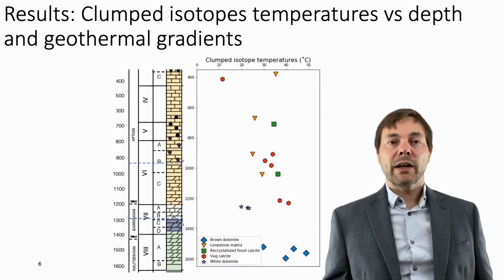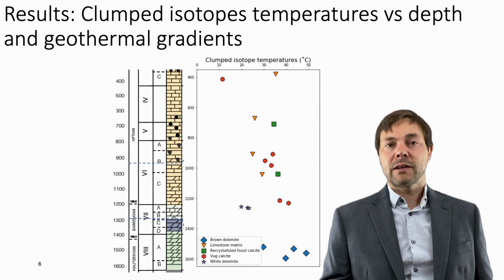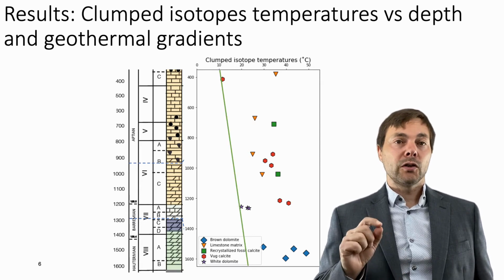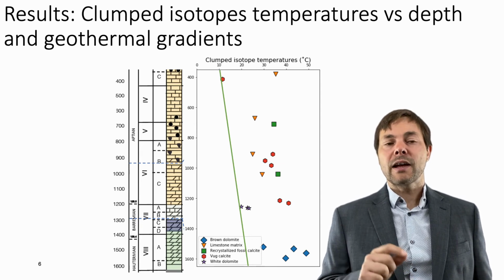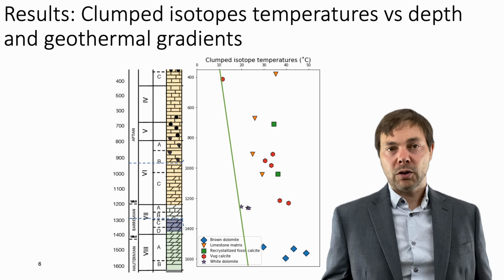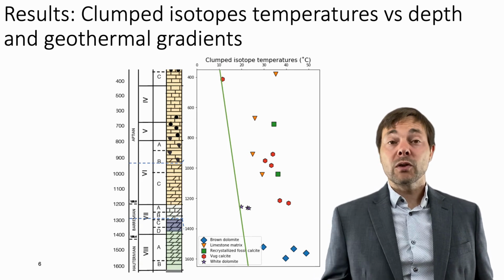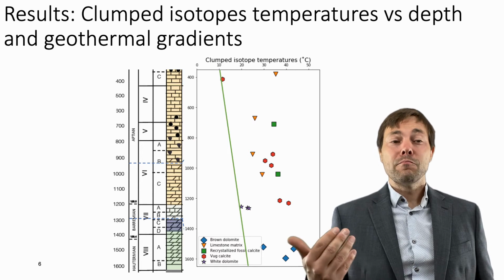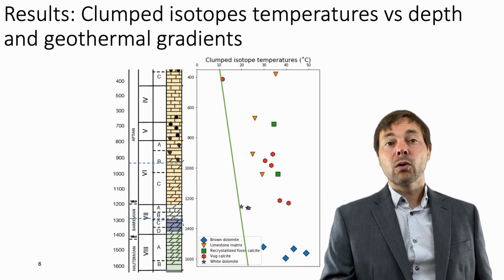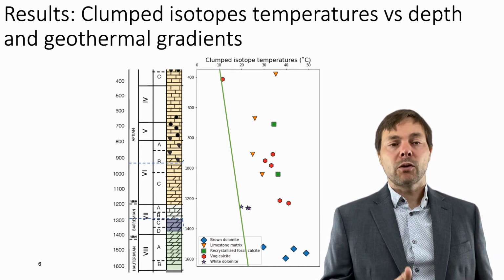But on top of this, we can plot the current geothermal gradient. And because that guyot is at 1300 meters, the temperature at the surface of the guyot is about 10 degrees, and the geothermal gradient that I plotted here in green shows that our cold textures actually match the coldest modern geothermal gradient.